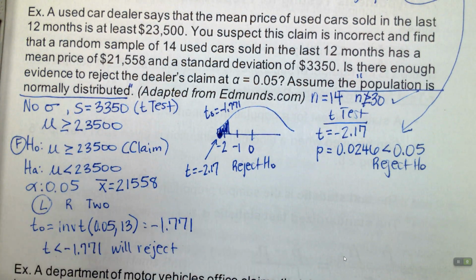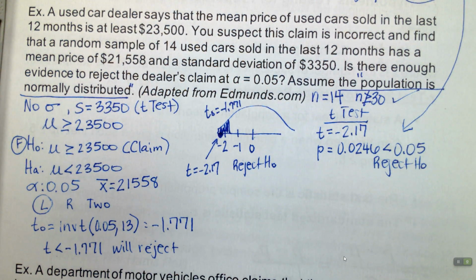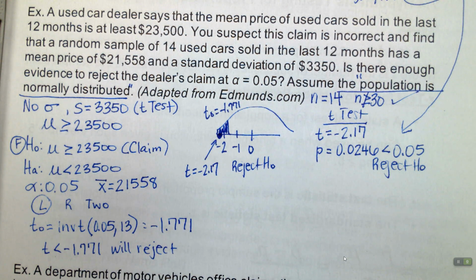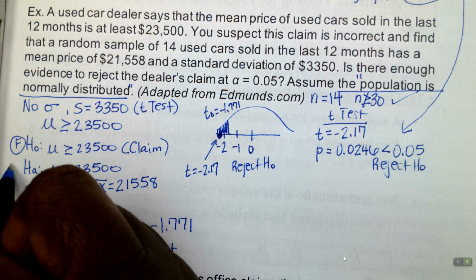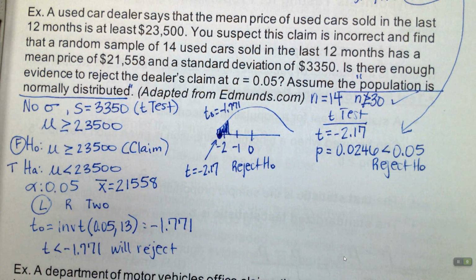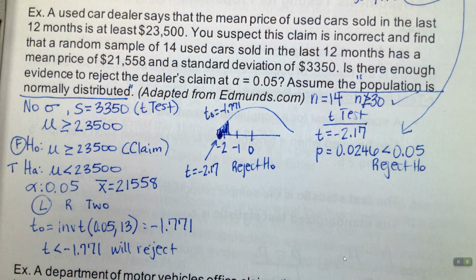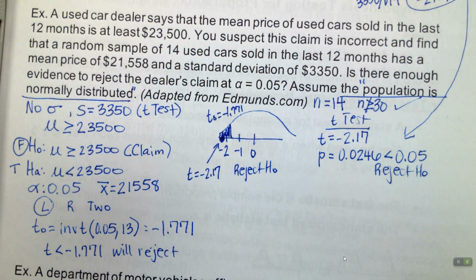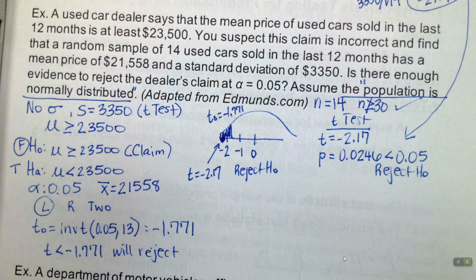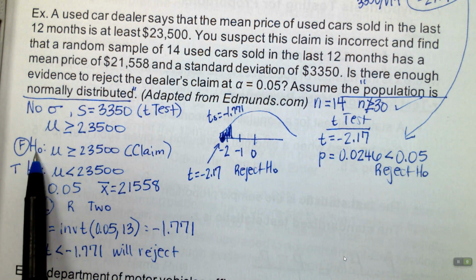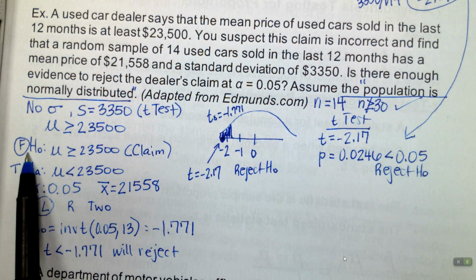So that means H0 is false. HA is true. And remember, we're looking for this to fail.